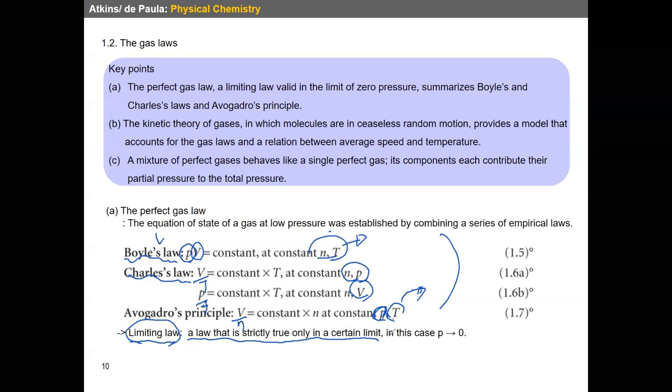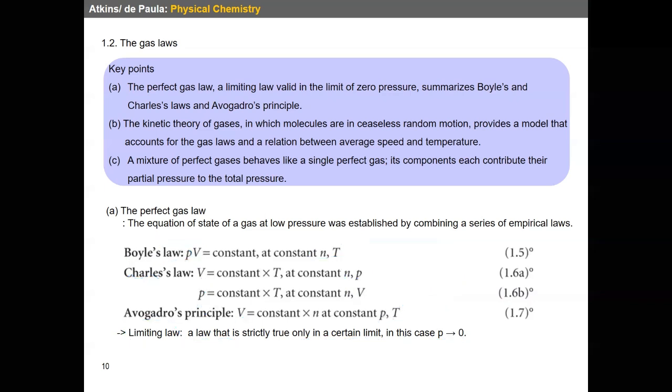In a certain limit, when the pressure approaches 0, then this law can be true for the system. What this means is that if there is a large pressure, then this kind of system will not work.